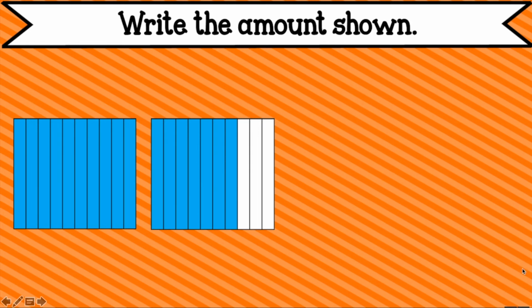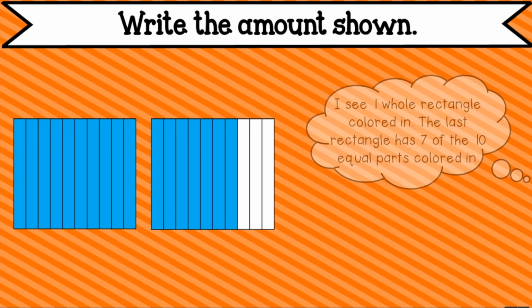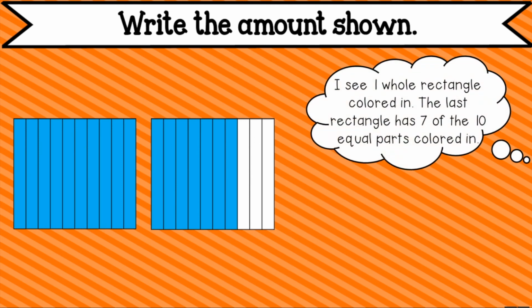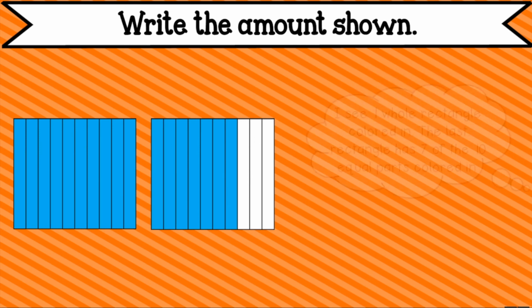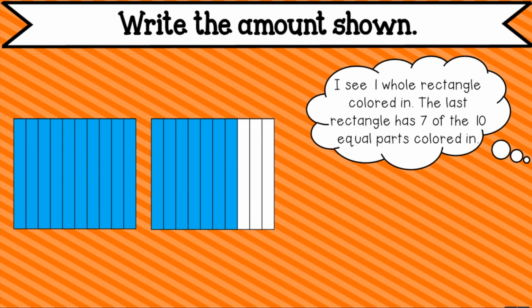All right, go ahead and pause your video, write down the amount shown here, and then you can check your answer. I see 1 whole rectangle colored in. The last rectangle has 7 of the 10 equal parts colored in. So this is 1.7.